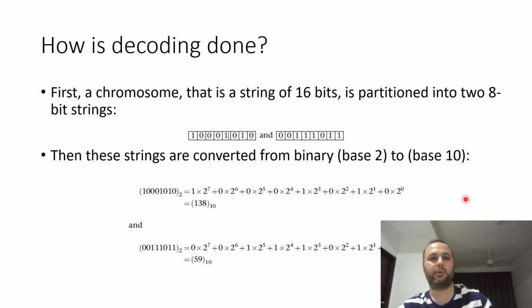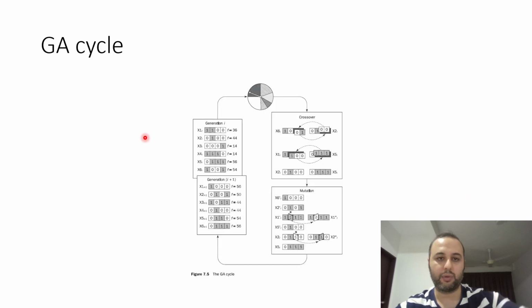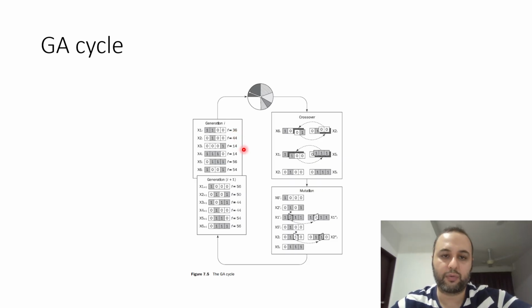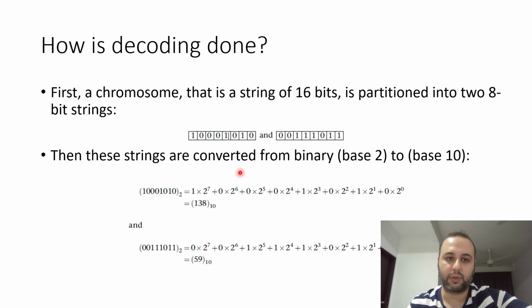Now we talk about the decoding. As I mentioned in here, each chromosome, X1 for example, has a binary string. If we decode, we get the values 36, 44, 14, 14, 56, 54. How do we get this value from each chromosome?